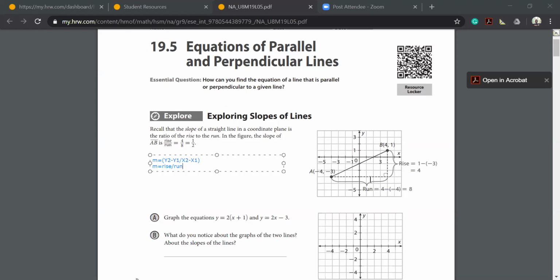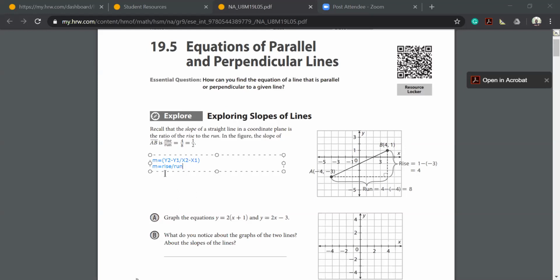What about the run? I moved from A to B. Let's count: 1, 2, 3, 4, 5, 6, 7, and 8. So the run is equal to 8. Since I found my rise and my run, now I can do rise over run. So the rise over run is 4 over 8, which is a half, 1 over 2.